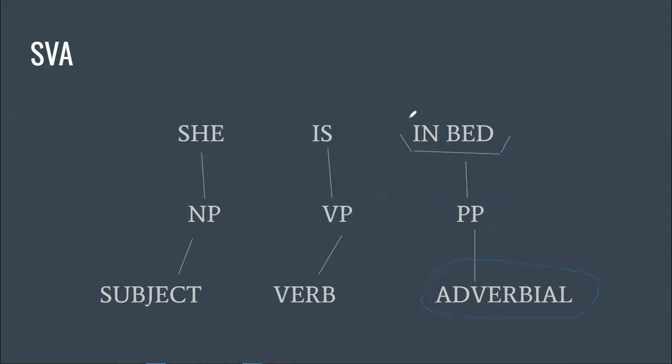But this adverbial is modifying the subject, right? Because we are talking about she, Anna, Mary, anybody. So we have S, V, A.